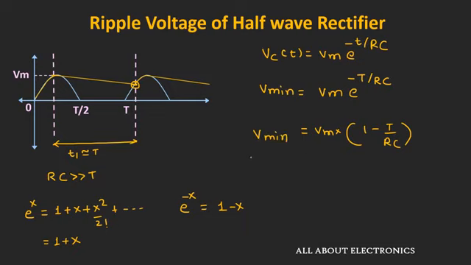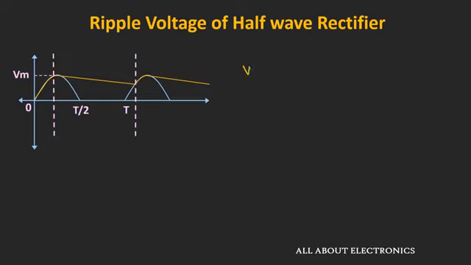So this will be the minimum value of this ripple voltage, and the maximum value of the ripple voltage will be equal to Vm. So the Vmax will be equal to Vm. So the peak to peak ripple voltage will be equal to Vmax minus Vmin.